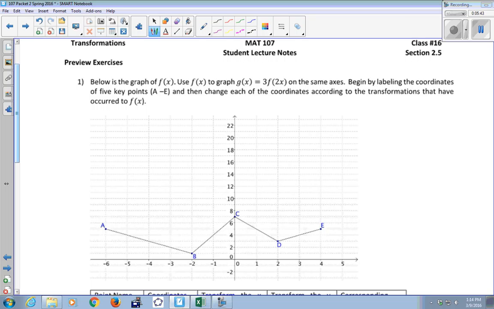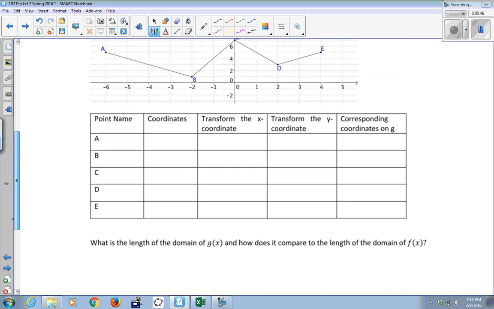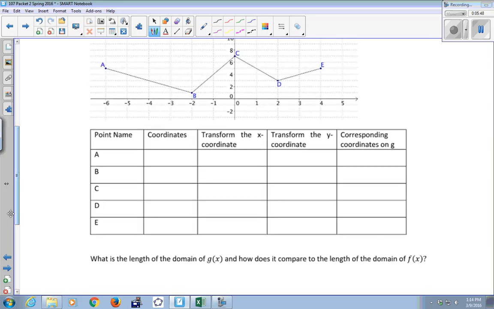So my 5 key points are A, B, C, D, and E. I'm just going to label their coordinates first. A is (-6, 5), B is (-2, 1), C is (0, 7), D is (2, 3), and E is (4, 5).